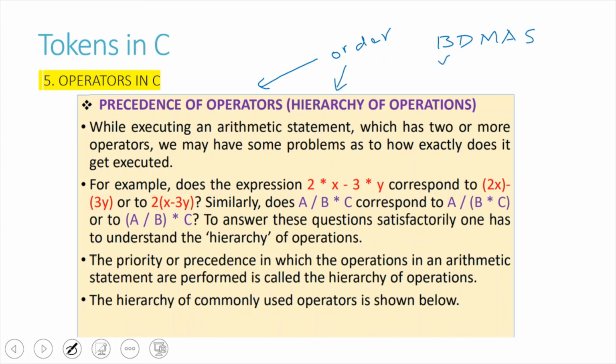First the bracket, then division, multiplication, addition and subtraction. The precedence of operators is similar to that. If we have not given proper brackets, then how these statements will be implemented is decided by the precedence of operators.